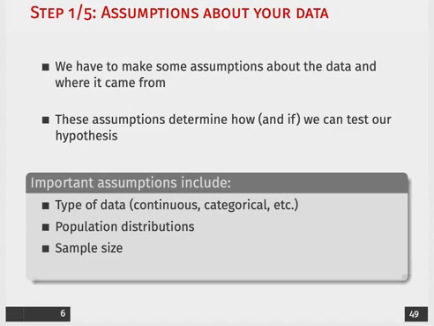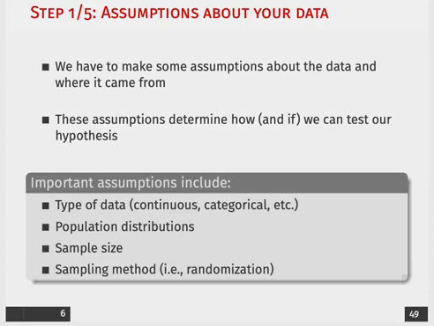And by population distributions, I mean that whether or not we have a categorical variable is going to influence the type of distribution that we're going to invoke, right? If we have a continuous variable, we'll learn we're going to use ordinary least squares or just simple linear regression. If we have a dichotomous outcome, we may want to use a logit model.